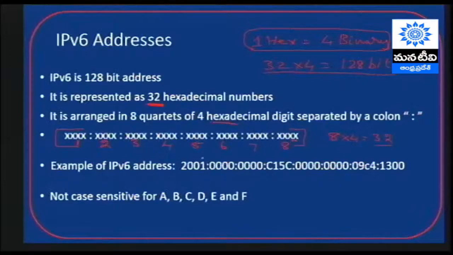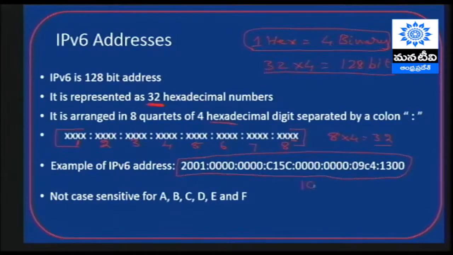An example of an IPv6 address is represented here for your understanding: 2001:00:00:C15C:00:00:00:00:09C41300. So you can see how long this address is when compared with an IPv4 address.